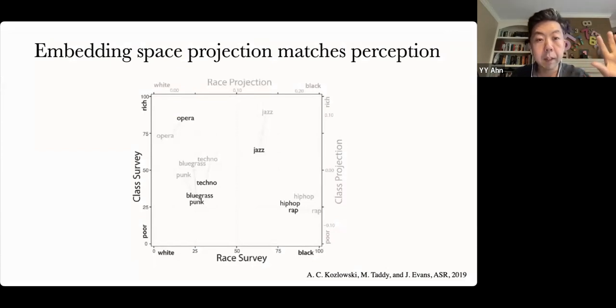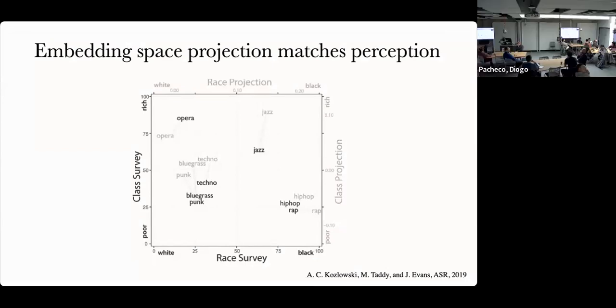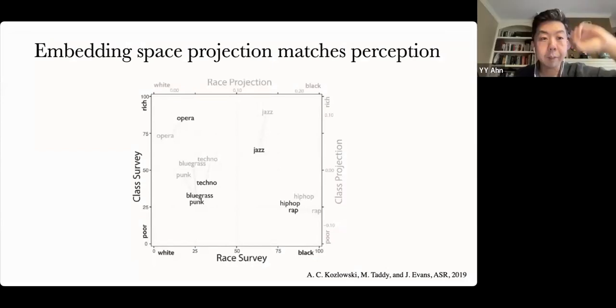For instance, they asked whether jazz is closer to black or white, or whether jazz is associated with rich people or poor people. That survey result is somewhat similar to how jazz is located in the embedding space.